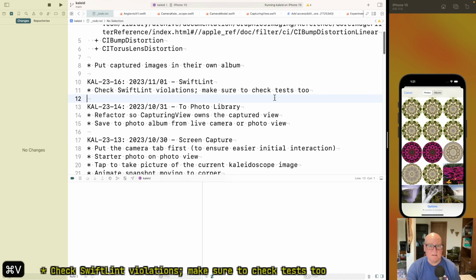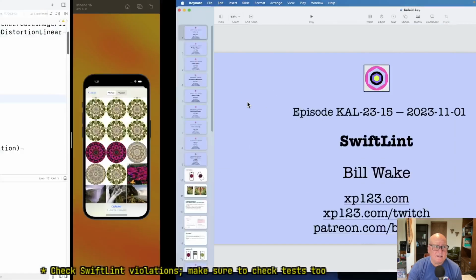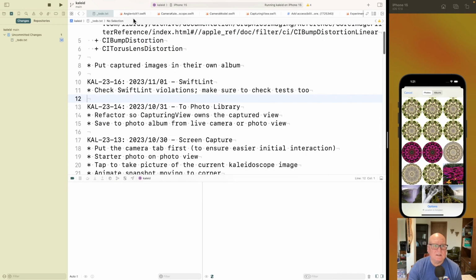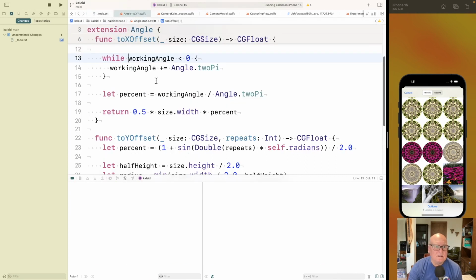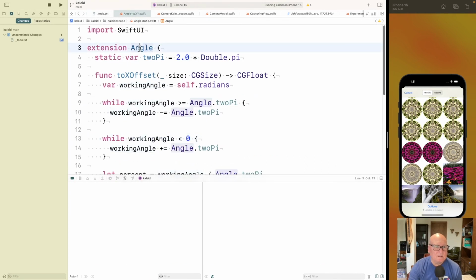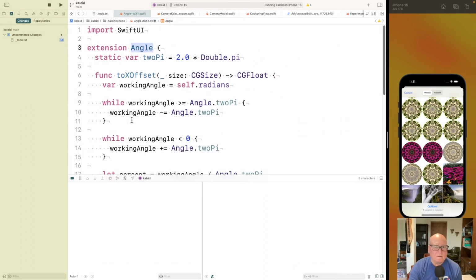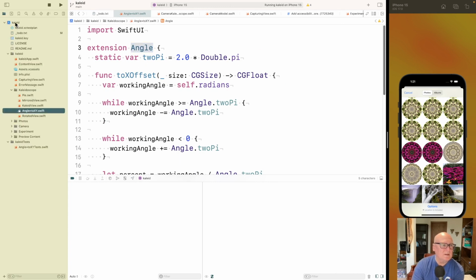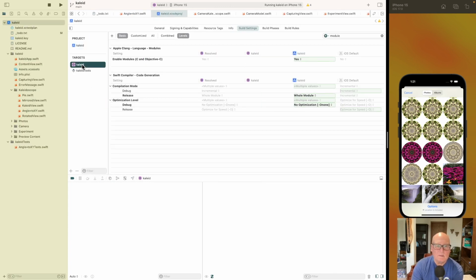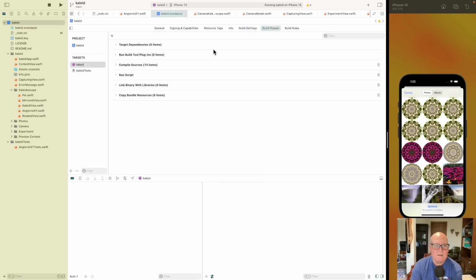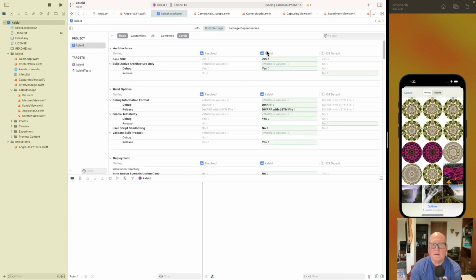Oh, make sure to check tests. I can't tell if they're being properly checked or not. It's funny, it didn't complain about, where's that? Oh, I thought I had a class for this. Maybe it's not an issue. But I think we put the SwiftLint build phase stuff, oh, is that only in here?